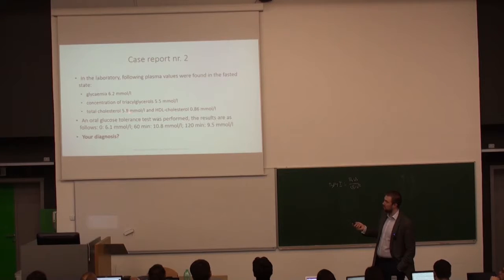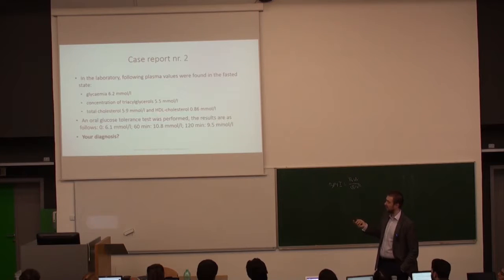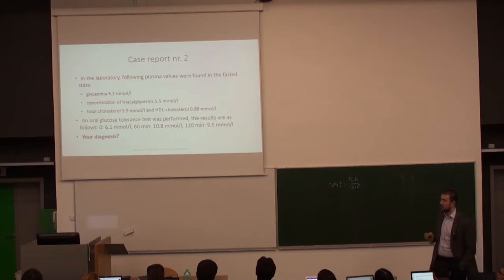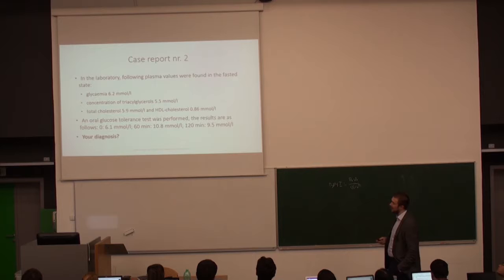Total cholesterol, 5.9, and HDL cholesterol, 0.86. So normal, or too big, or too small? Total cholesterol is too big, and HDL is too low. Yes, since you know that for HDL we want to have higher than 1 for males, and higher than 1.2 for females.